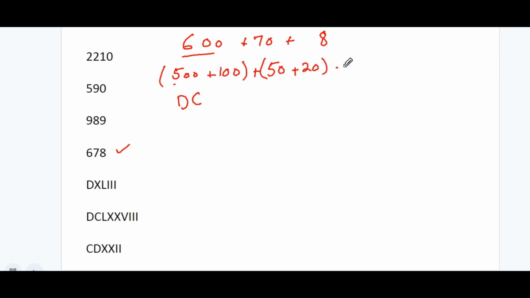Then 8 means 5 plus 3. So in the same way we can solve all of our Roman numerals. That is 50 is L, 20 means 2 times X, 5 means V, and 3 times I. So this is your answer.